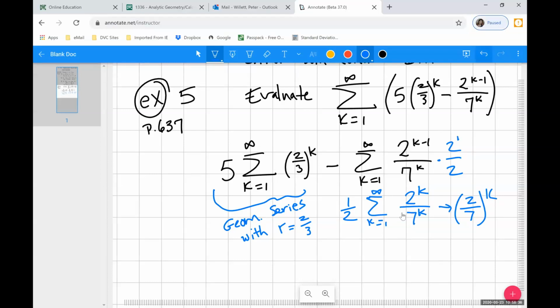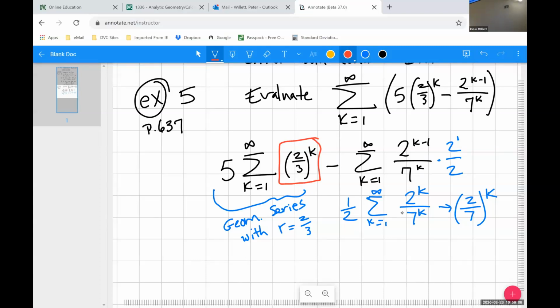Can you clarify why you multiplied by 2/2? Yeah, so I wanted to write this in a way where I could say, hey, that's just a geometric series, and I can use the formula. Basically this is going up by a 2 every time on the top and a 7 every time on the bottom. But if the powers don't match, it's hard to view it in that format.